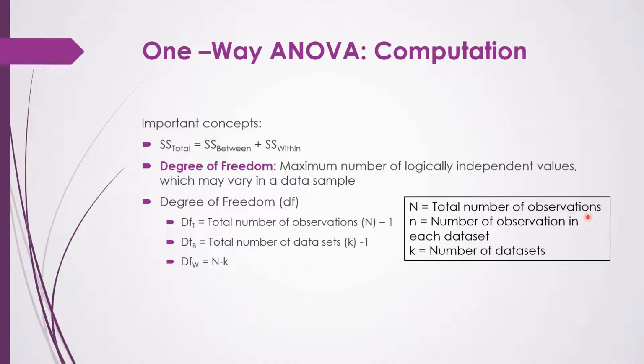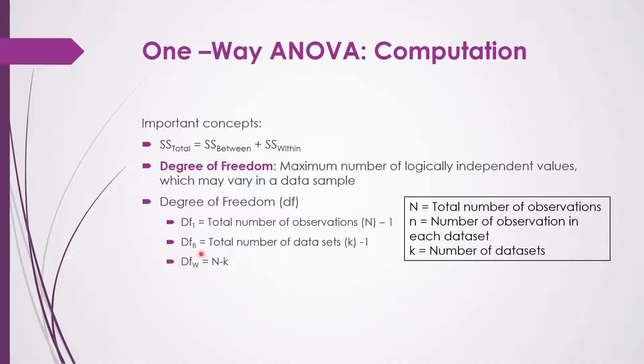Suppose we have three groups of 5 observations each. So what is my total number of observations? It would be 5 into 3, 15. So in my case, the total degree of freedom for my data will be 15 minus 1, which will be 14.